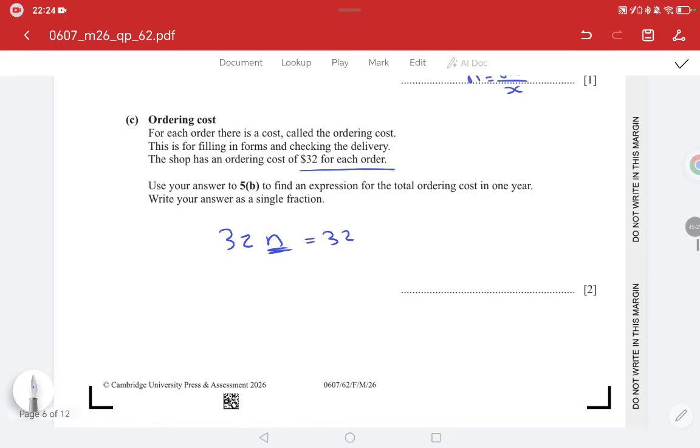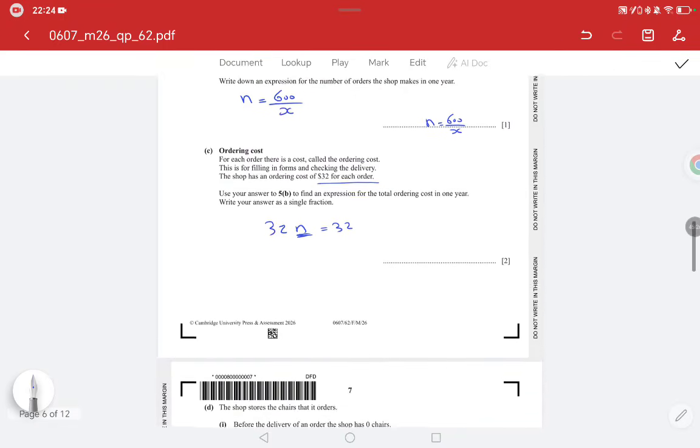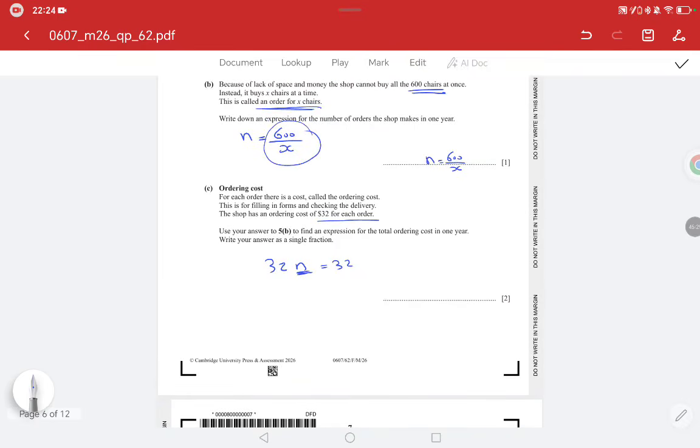What's n? n is 600 over x, so I multiply it by n. And they said use your answer in 5b, so n is this one from 5b.